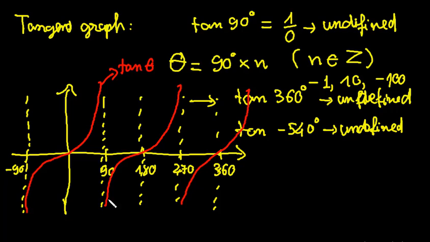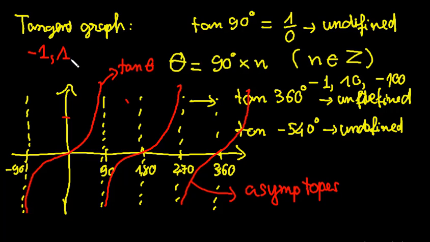So the line will move really close to the dashed line, but it will never touch it. So they are called asymptotes. The tangent graph has no limit like the -1 and 1 of the sine and cosine graphs. This one will go to positive infinity, and this one will go to negative infinity with no limit.